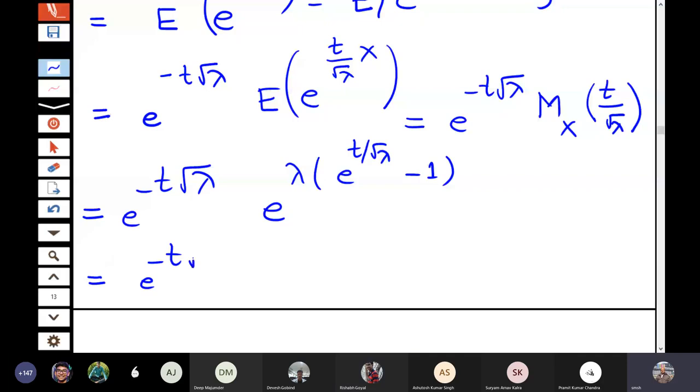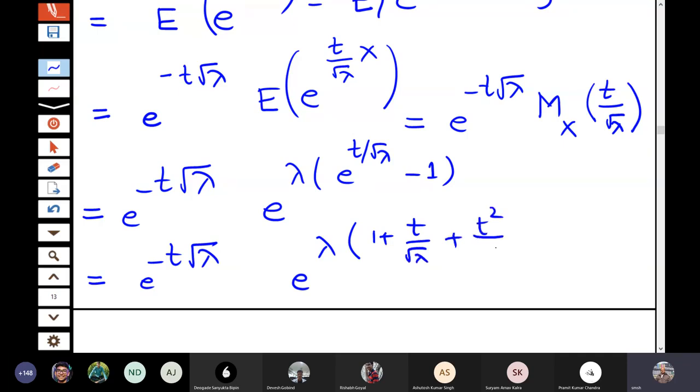So we write down the terms. We expand e to the power t by root lambda. So this becomes 1 plus t by root lambda plus t square by 2 lambda plus t cube by 3 factorial lambda to the power 3 by 2 plus and so on, minus 1.